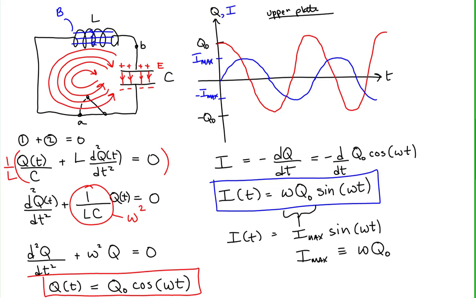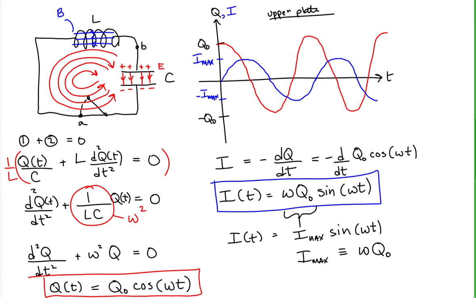What this means is when charge is at a maximum on the capacitor plates, there is zero current in the circuit. And then as the charge on the upper plate decreases, notice that the current in the circuit increases. And as the charge on the capacitor's plates goes to zero, we have a maximum value of current.